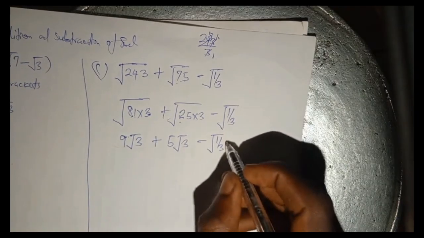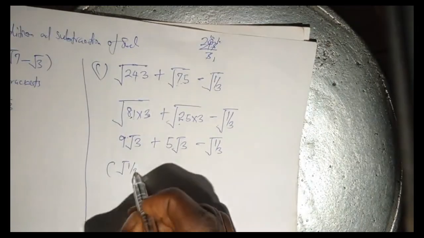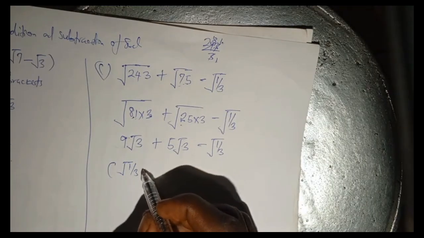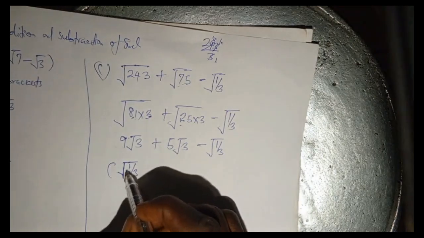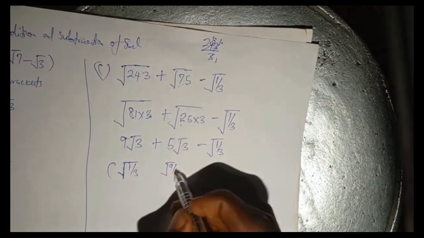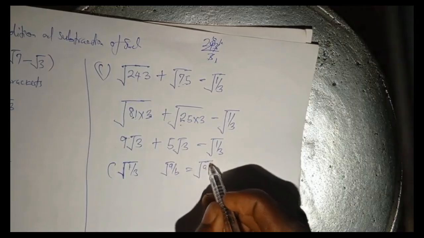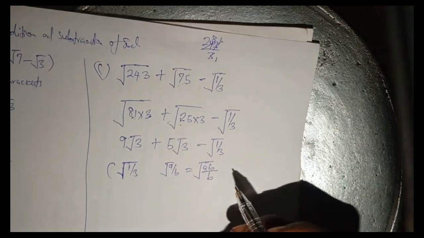So in this, if you look at this one, particularly this root of 1 over 3, if you can remember, just like the same property 3, which says root a over b is the same thing as root a over root b, right?